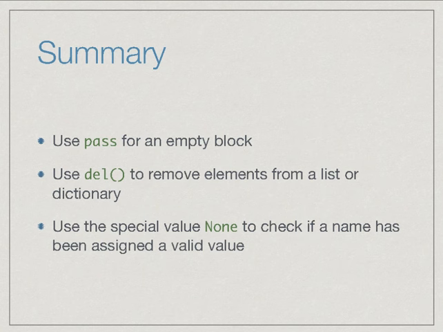We would not normally want to just undefine a name which is holding a simple value. But from a dictionary or a list, we might want to remove a key, or we might want to remove a position, and del is very useful for that. And finally, we have seen that there is a special value None, which denotes a null value. It's a unique null value. And this can be used to initialize variables to check whether they have been assigned sensible values later in the code.